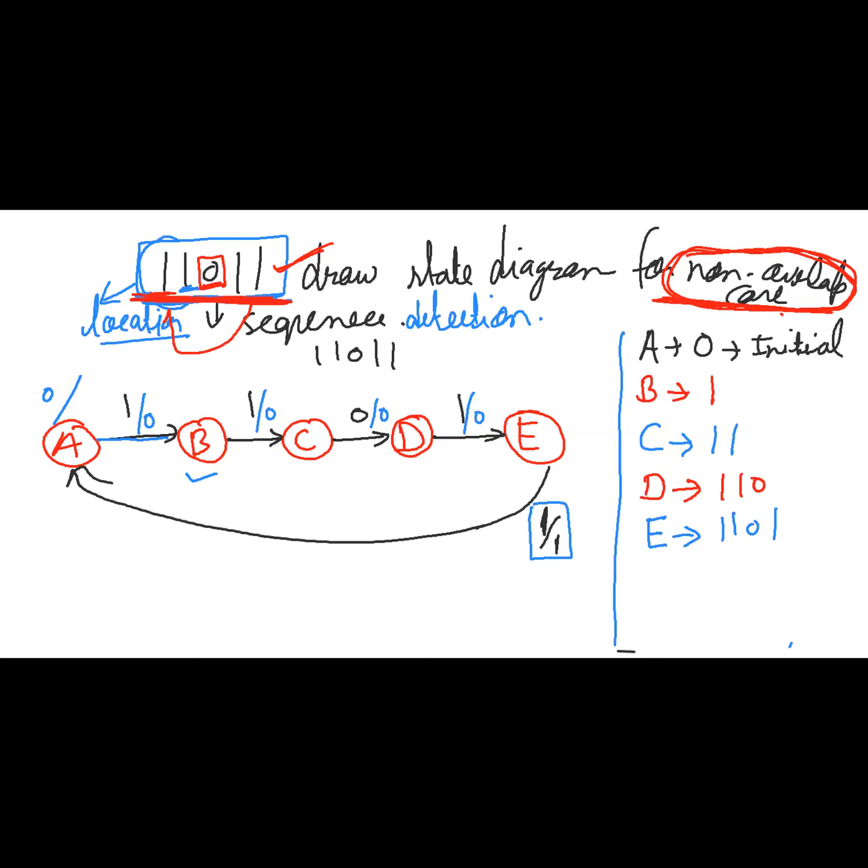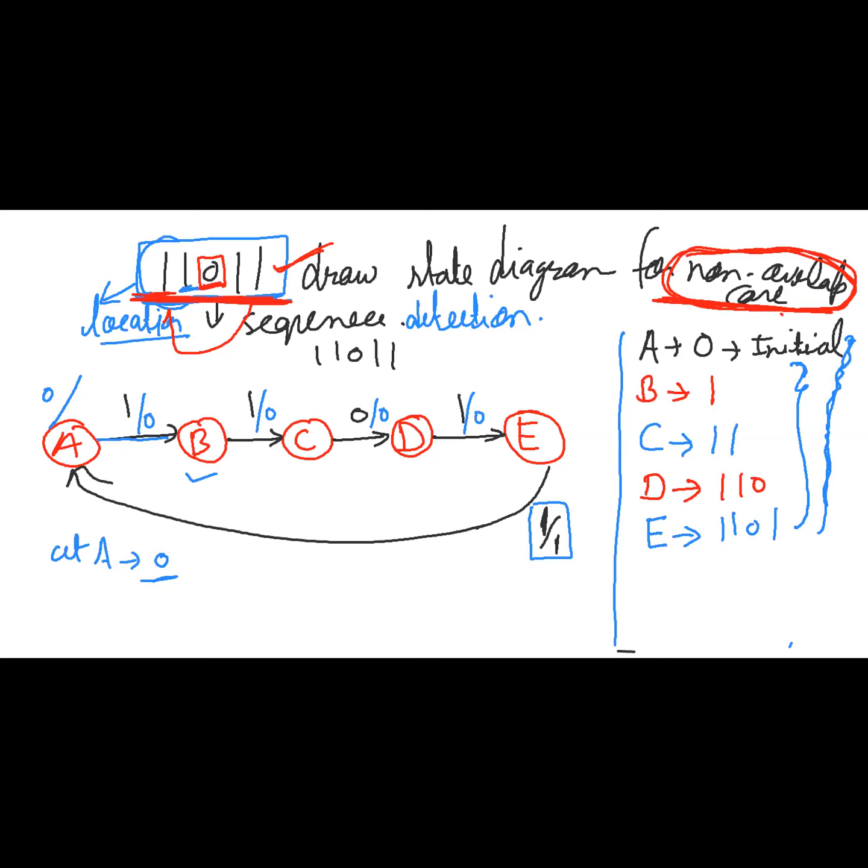Let's start. So you will write at A, the path 0. Out of these 5 states, do you have any value 0? Check these. Which value is 0 here?